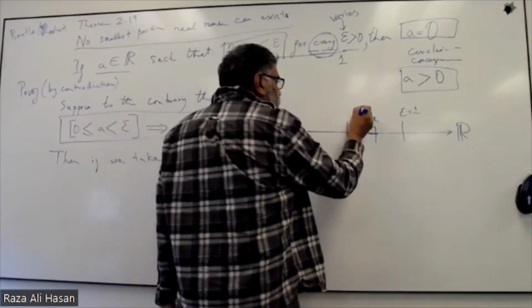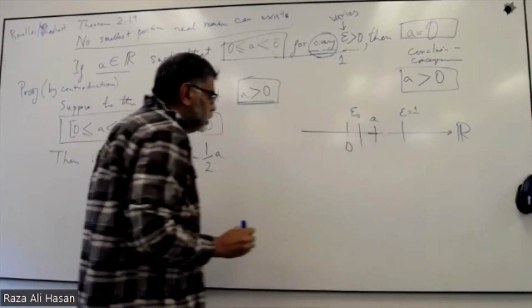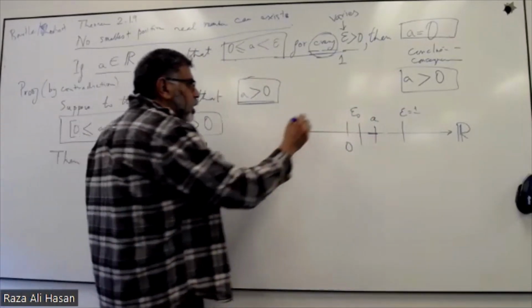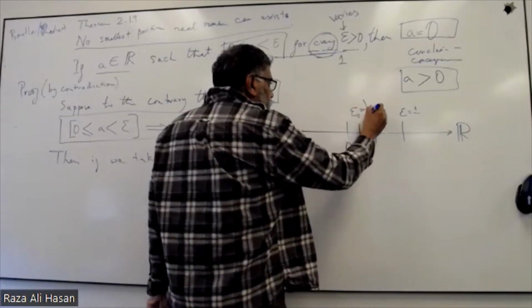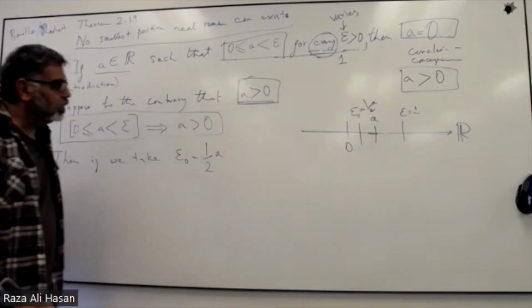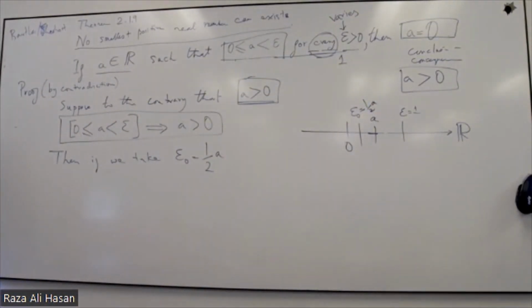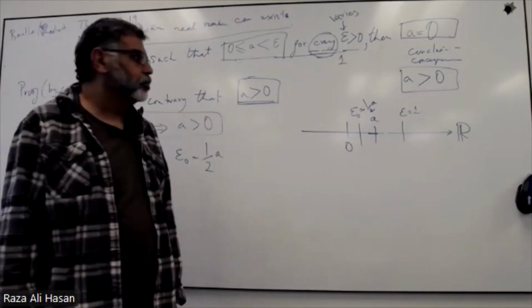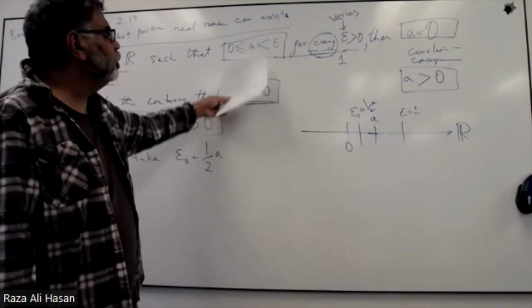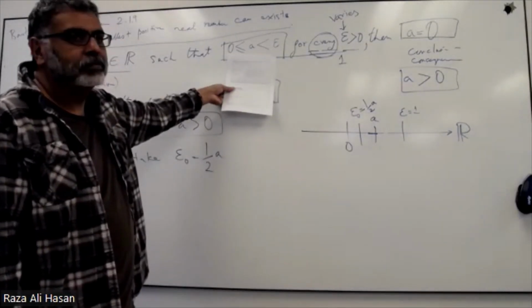So we have our new epsilon sub 0 equals, all right, what's just happened? What did we break? Which part of the condition did we break?